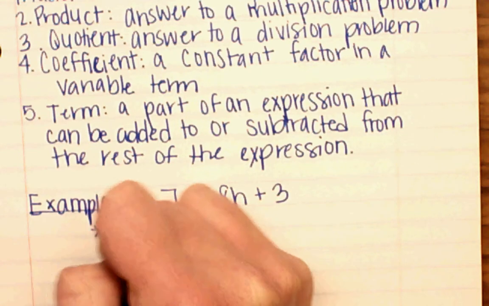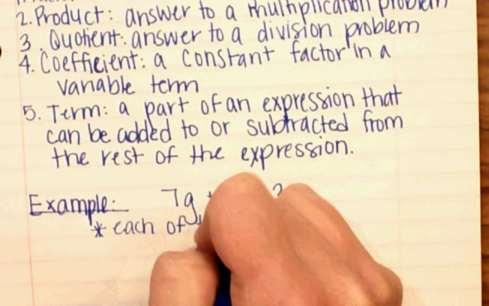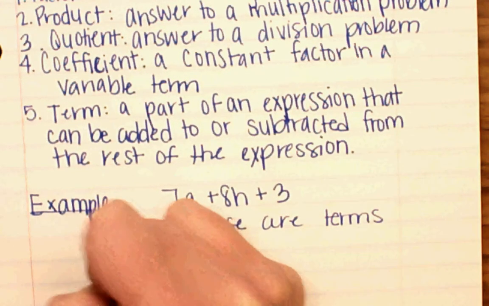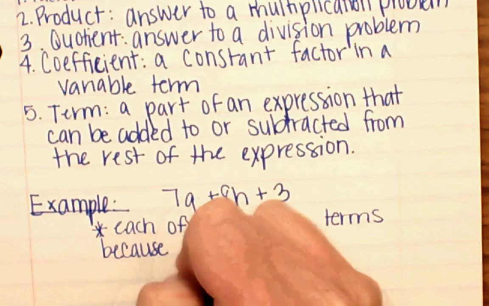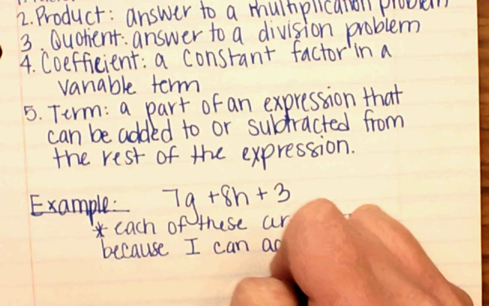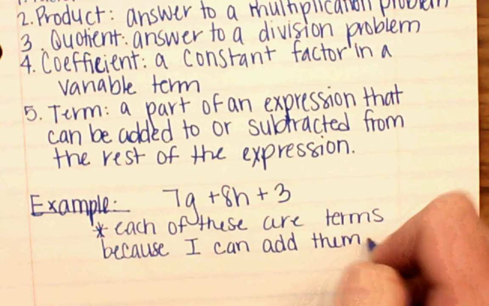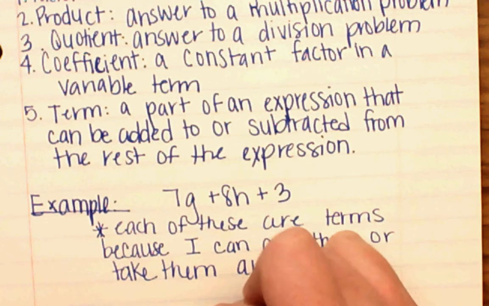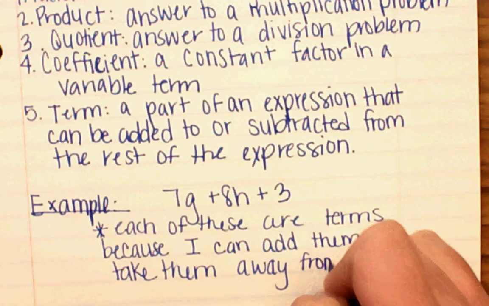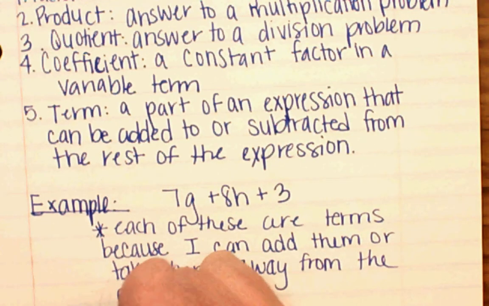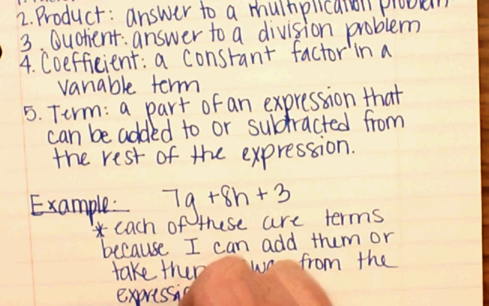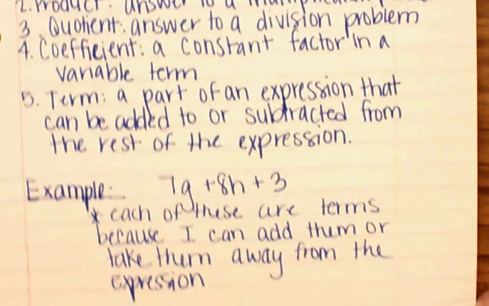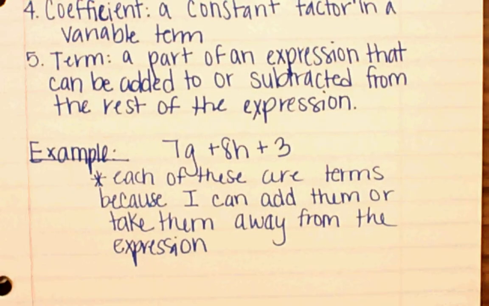Each of these numbers are terms because I can add them or take them away from the expression. What that means is I can take 7G from this expression, I can minus 7G from the entire expression, or I can minus 8H from the entire expression.